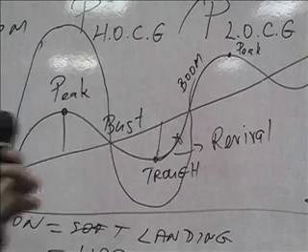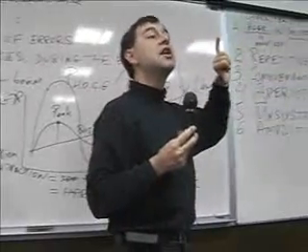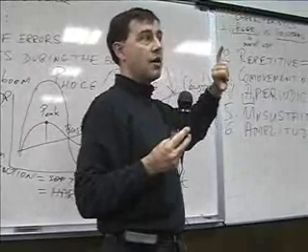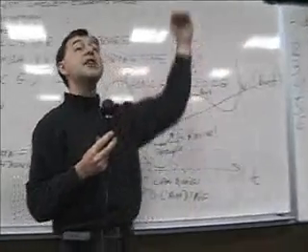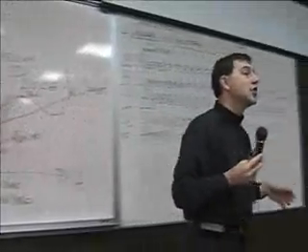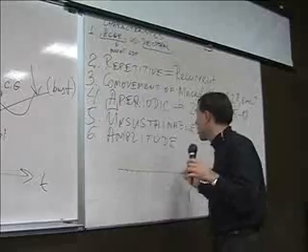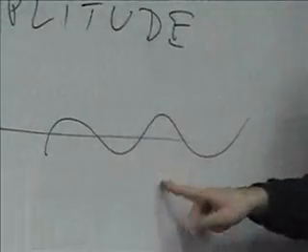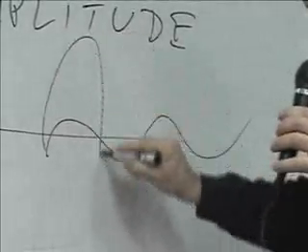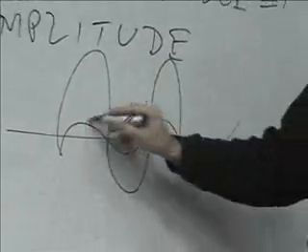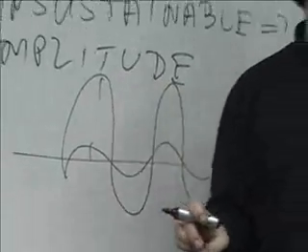So amplitude represents the difference between the peak and the trough. It represents the range of movement. It is the same thing as in engineering and electronics. This graph over here has a relatively low amplitude. This graph here has a much higher amplitude, let's say 4 or 5 times higher.